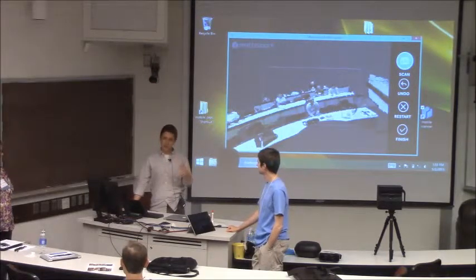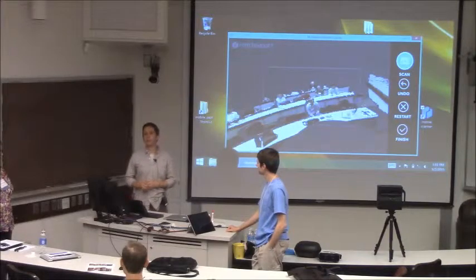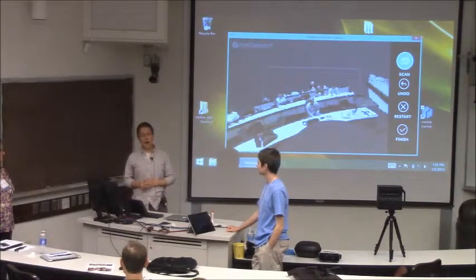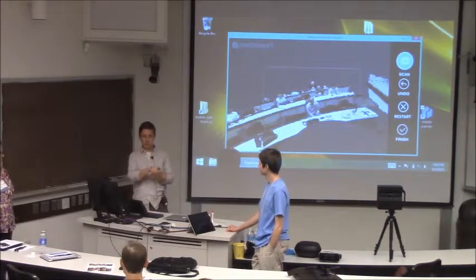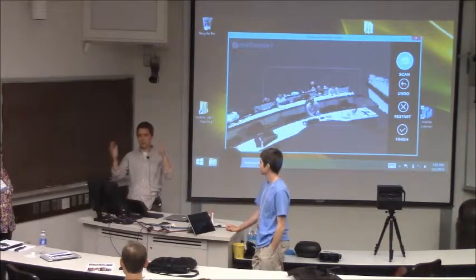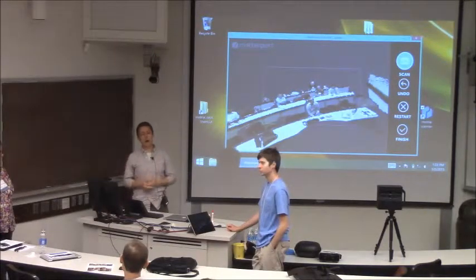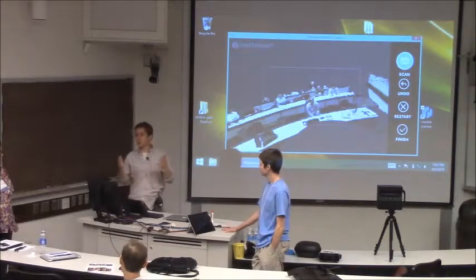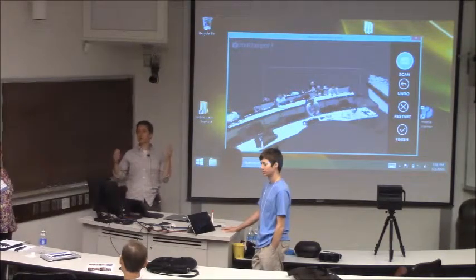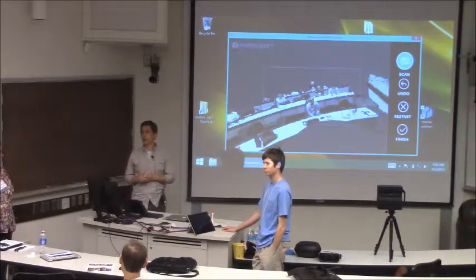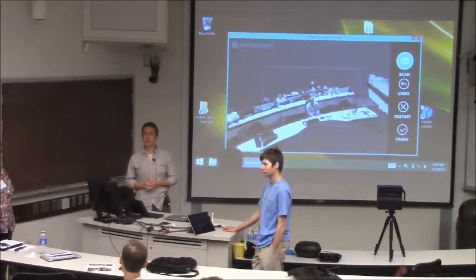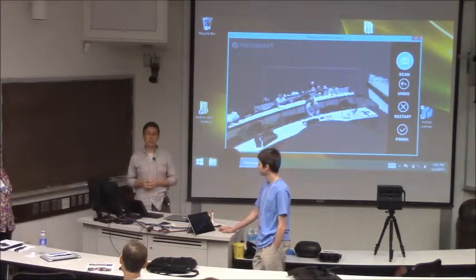If you can share experiences in 3D and people have a way to view this, it becomes much more compelling. It's still a little bit hard to capture an environment like a concert, where things are far away, the lighting is different, and the people are moving. That would be quite a challenge. But a hotel room, you can easily capture that, and people could see it. So he really believes that this is the thing.